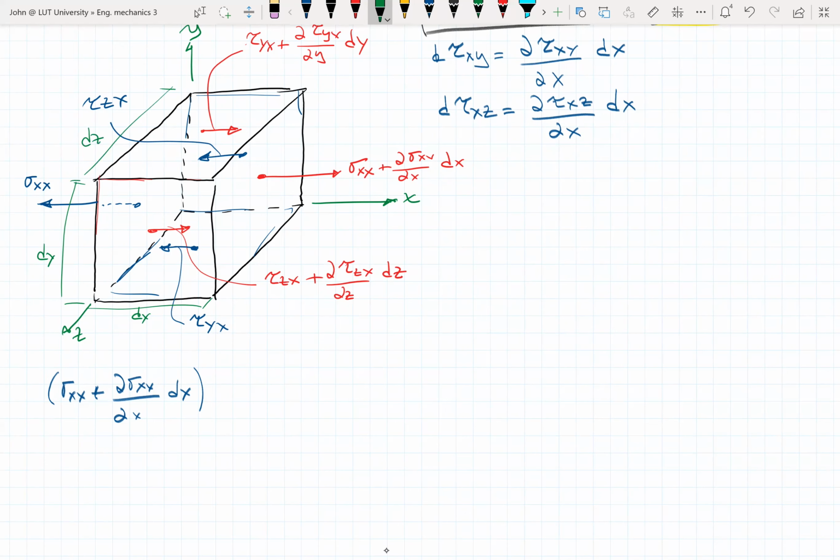Then this normal stress is applied on this face that I'm presenting here, and this face has dimensions dy times dz. I'm going to subtract now the opposite side, which is this one here, minus sigma xx. It is also applied on an area whose dimensions are dy times dz.